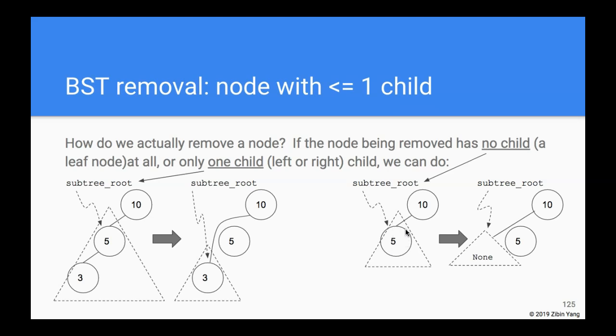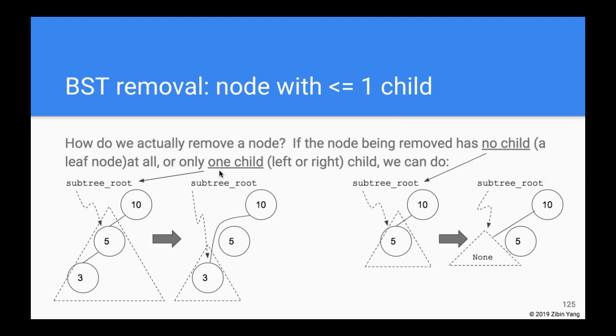And all that we're doing is then just set the root node to point to none. And we return this subtree back up the call stack so that its parent node, which originally pointed to this subtree, would now point to the new subtree that is empty. So that's how you remove a leaf node that has no child at all.